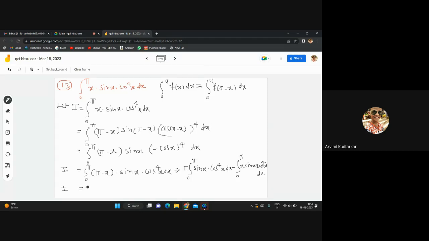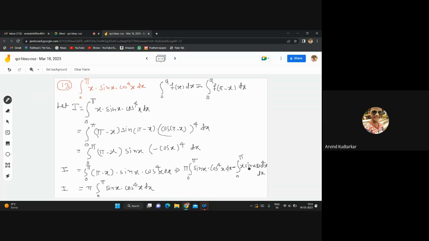integral from 0 to pi of sin x into cos to the power 4x dx. The last integral, that is the second integral in this subsection, is nothing but I. Look, you get the same I again. It is nothing but I, that is minus I. And you shift that minus I to the LHS, so there will be plus I. So I plus I is 2I.